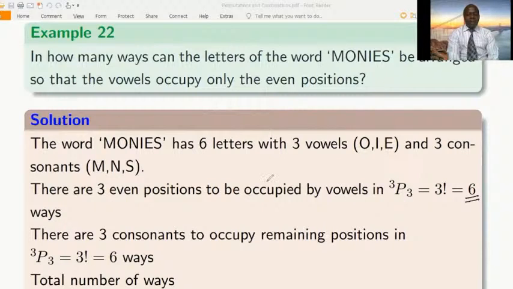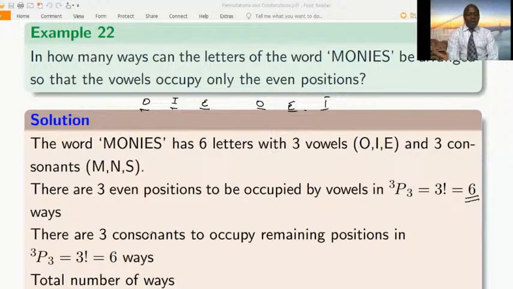There are 6 ways in which you can arrange those letters in the even positions. And of course, you have already seen that if this is an even position, I can have this as E, I can also have this as O, E, I, and so on until I get 6 arrangements.